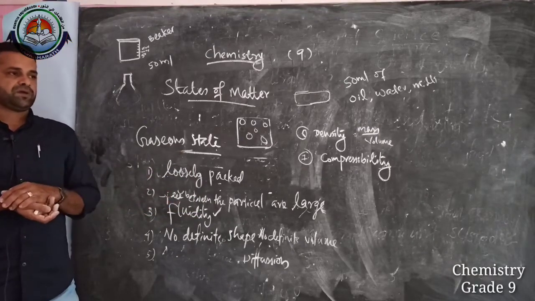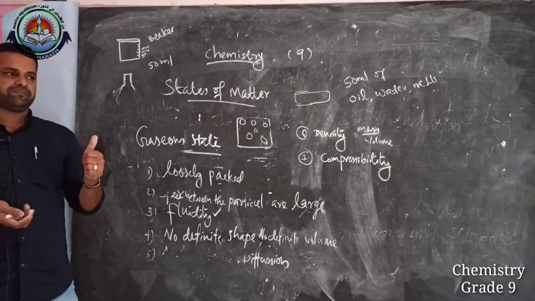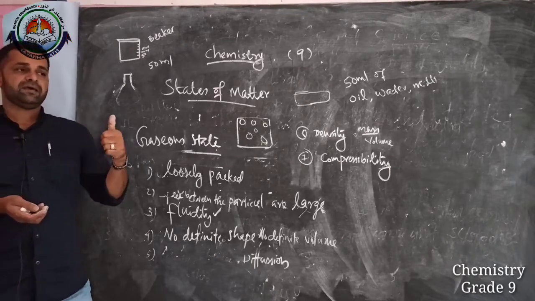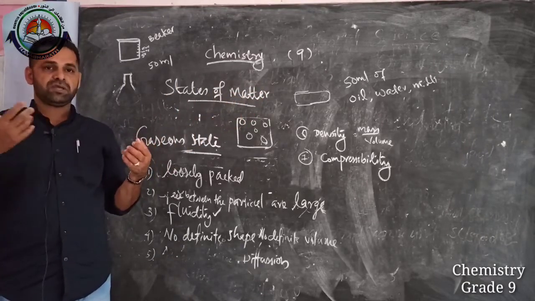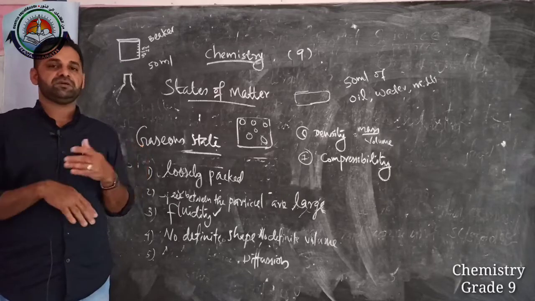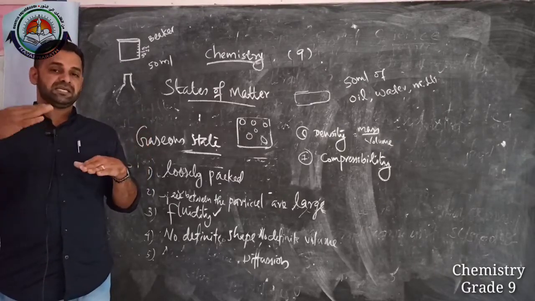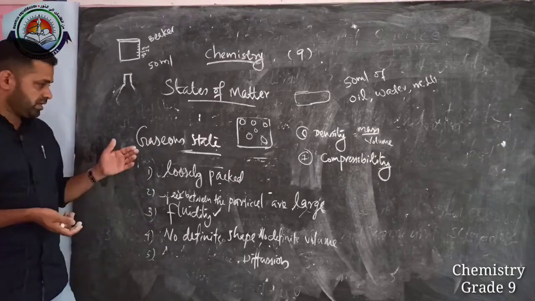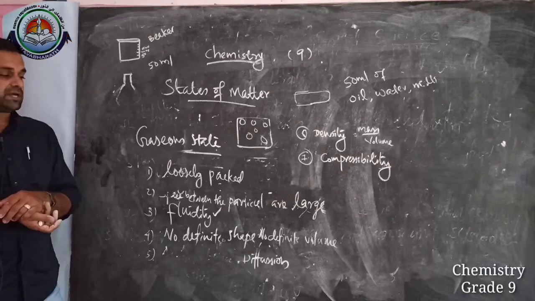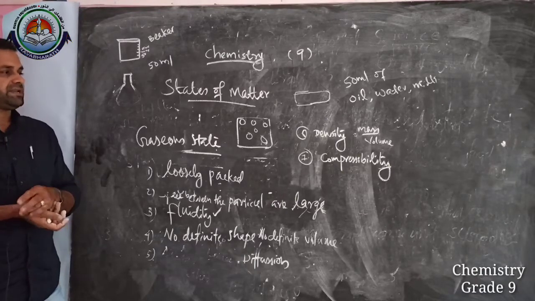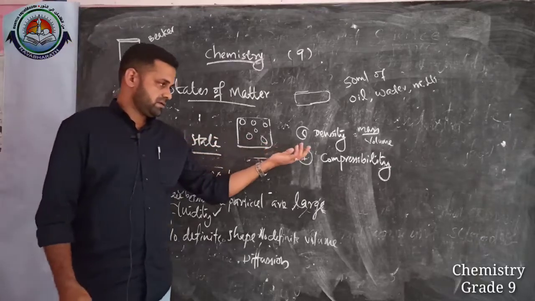That is why, when we press any spray, the smell reaches quickly in summers than in winters. Why? Because the rate of diffusion increases with temperature, and the density is very less as compared to solids and liquids.